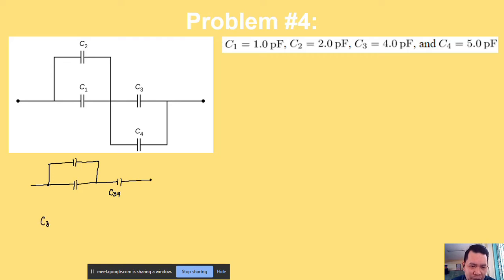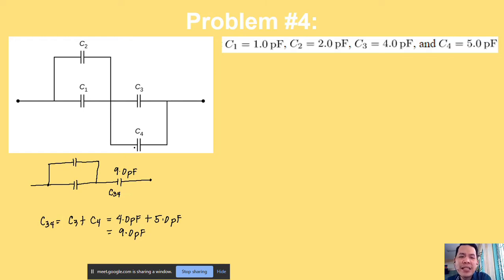So, C sub 3,4 equals C sub 3 plus C sub 4. Substitution, C sub 3, it's 4.0 picofarad plus our C sub 4, it's 5.0 picofarad, that's 9.0 picofarad. Our new value here for C sub 34, it's 9.0 picofarad.